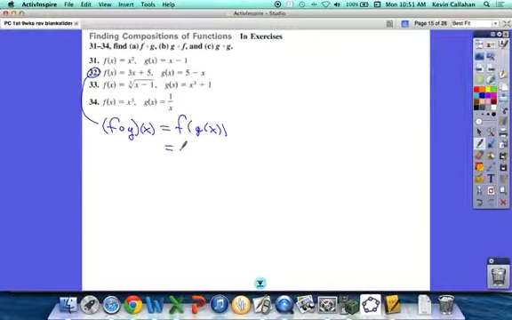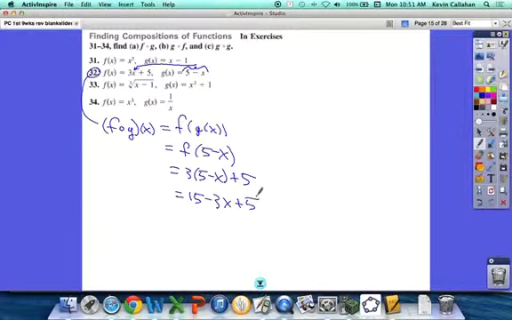And we're going to call that f of, and then replace the inner function with what it equals, which essentially means now we're going to take that 5 minus x, and we're going to put it in the place of the x there, right? To stuff one function into the other, which is 3 times 5 minus x plus 5, which is 15 minus 3x plus 5, which is 20 minus 3x.